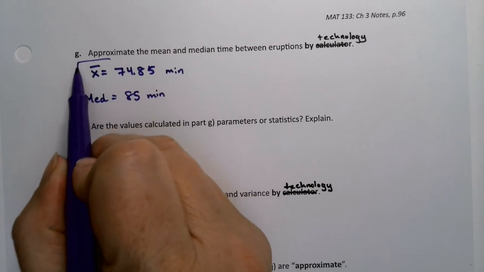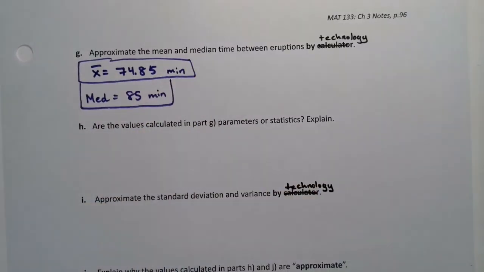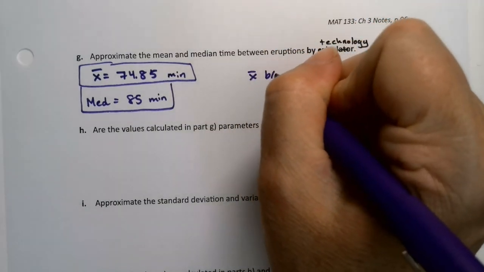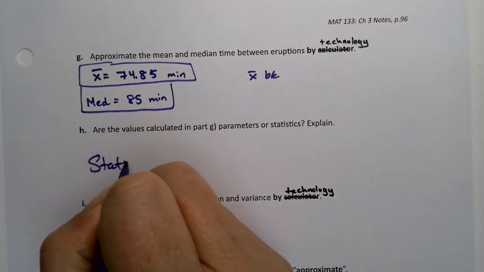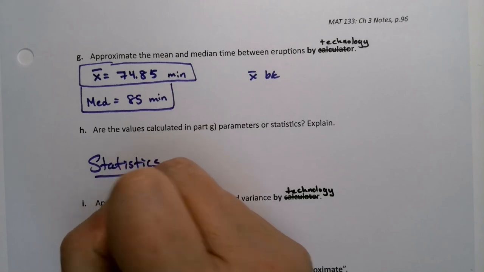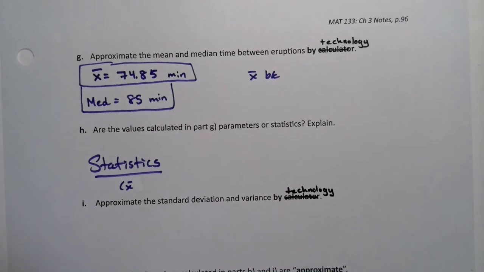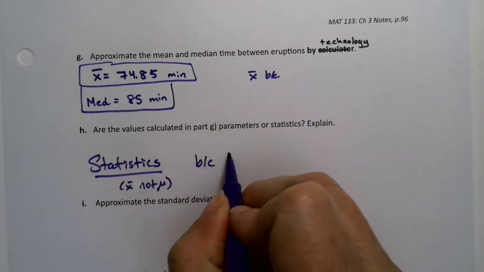There you have it. Found. And of course, we're using x bar because the data are a sample, which is going to be the answer down here. These are statistics. That's why I'm using x bar, right? Not mu. Mu is a population parameter. And it's because these data were a sample.